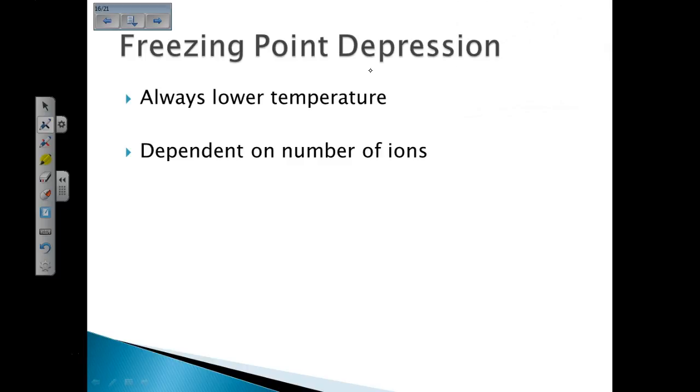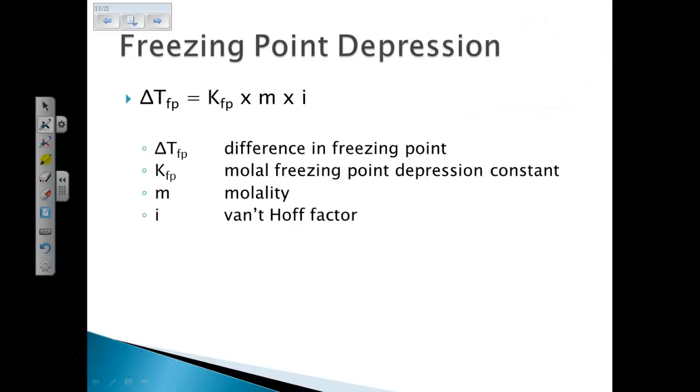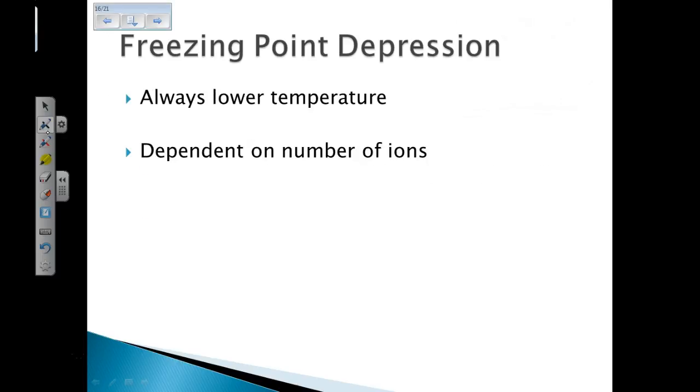So what we're talking about is the lowering of the freezing point. That's what we mean by depression: the freezing point is going to decrease when we add solute to a solvent. And it's dependent on the number of things that are present in the solution.